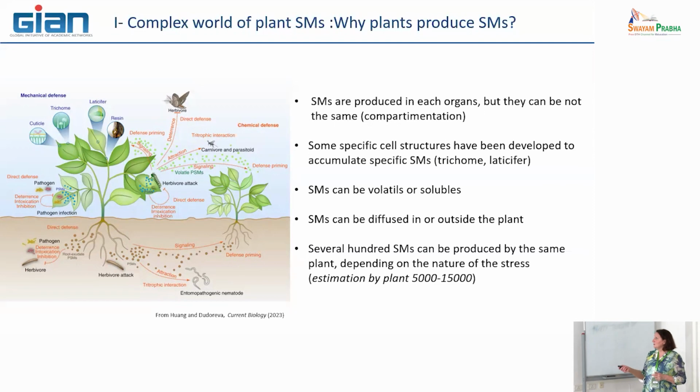And also, what is observed is that, you know that in the leaf you have production of one metabolite in particular, but when you look inside the leaf, you can observe that the metabolic pathway leading to the metabolite is in fact divided into different parts that are in different types of cells. So you can start your metabolic pathway, for example, in the epidermis, and finish it in another type of cells.